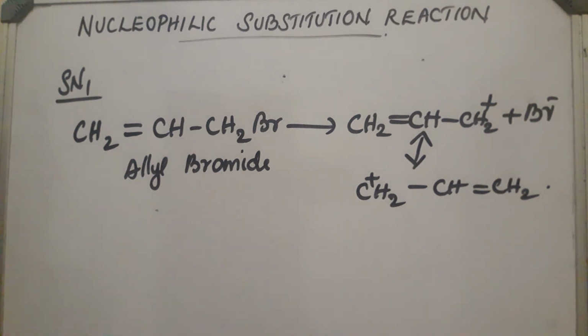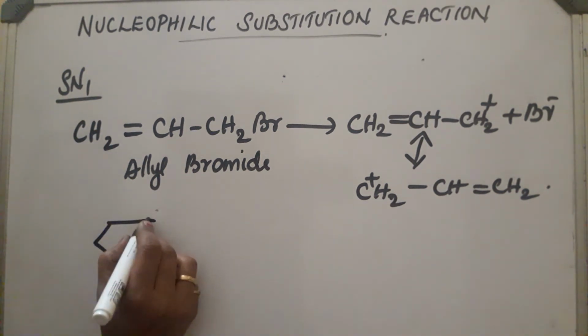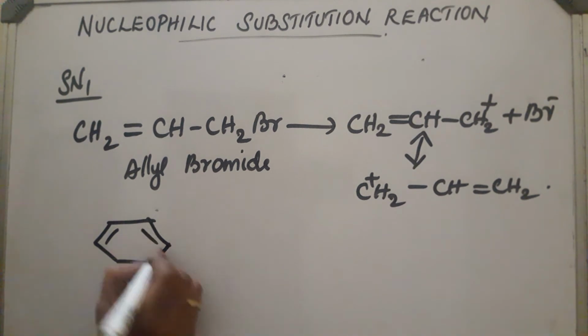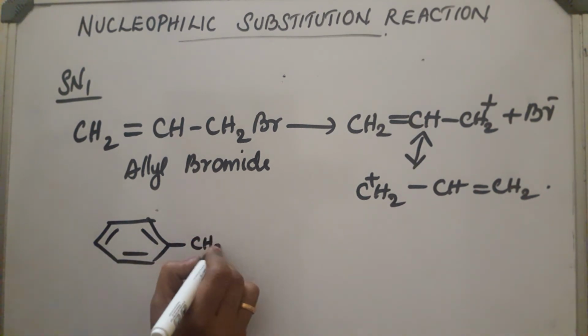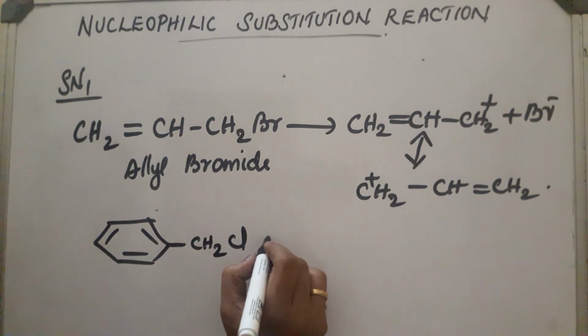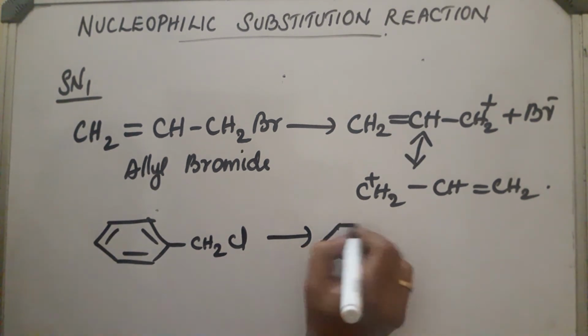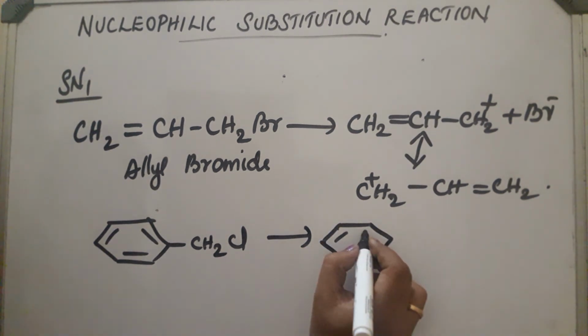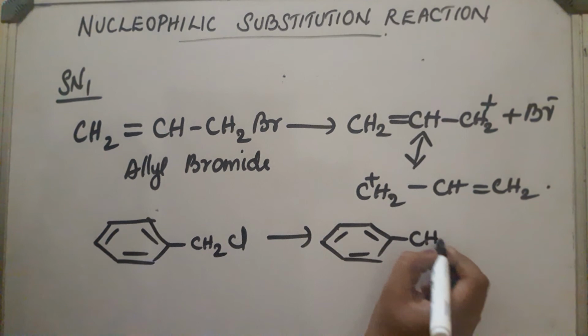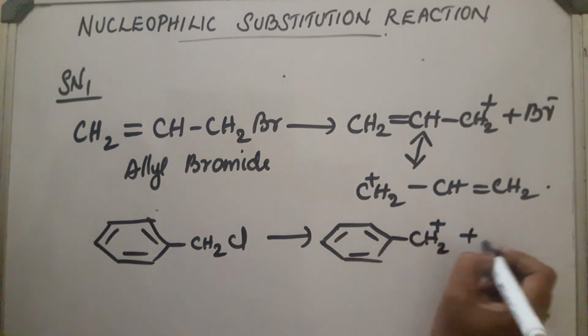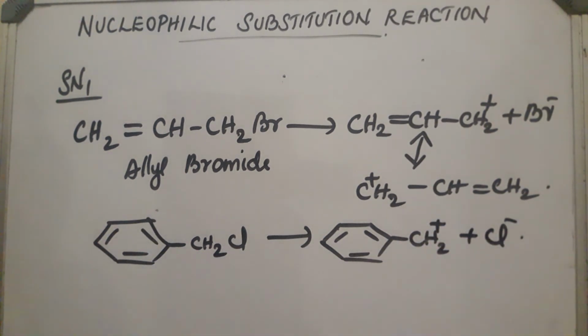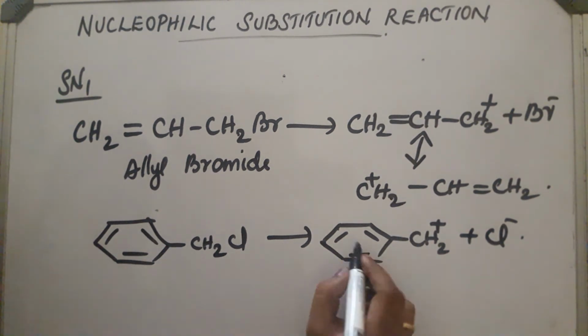And what about benzyl chloride? Benzyl chloride, C6H5CH2Cl. Here also the carbocation obtained will be like this, and we know that it will be resonance stabilized, with lots of resonance structures for this compound.